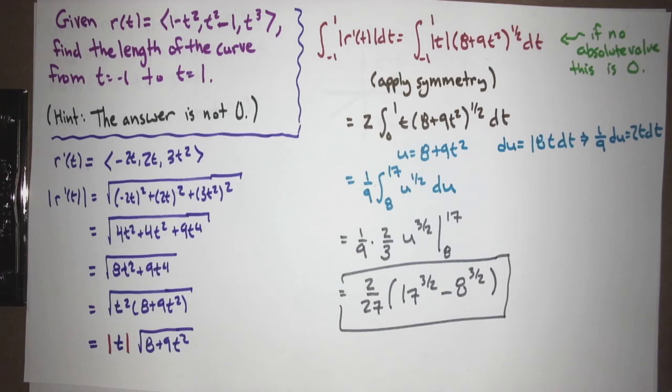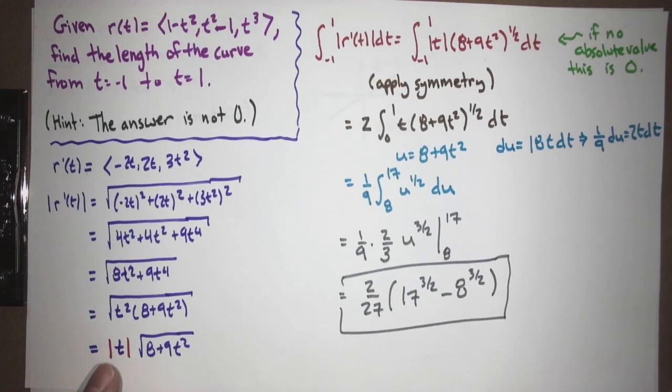So the reason you got 0 is if you forgot the absolute value, you have a function which has symmetry, positive on one side and negative on the other side. It exactly cancels out. But with the absolute value, you say, well, hey, instead of going from negative 1 to 1, because it's perfectly symmetrical, go from 0 to 1 and double it. So you have to be careful when you pull out things outside of an absolute value. So that's sort of the punchline here.